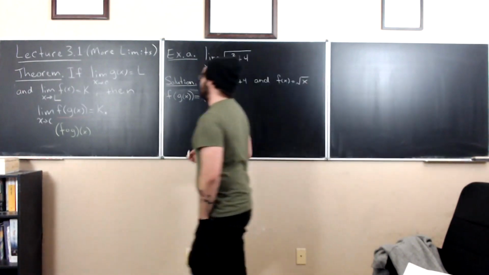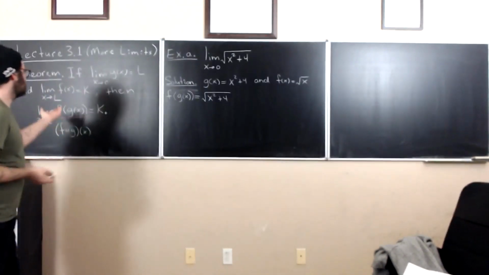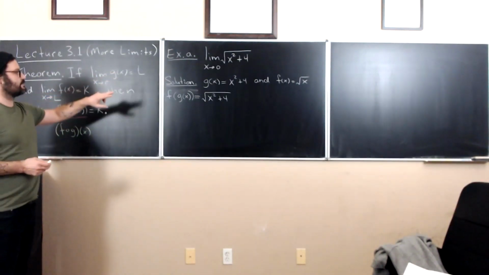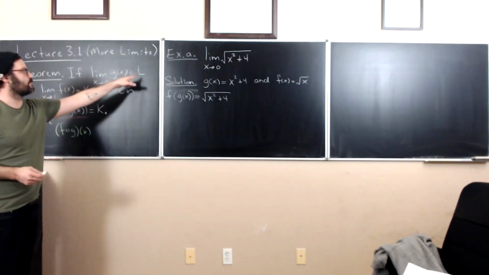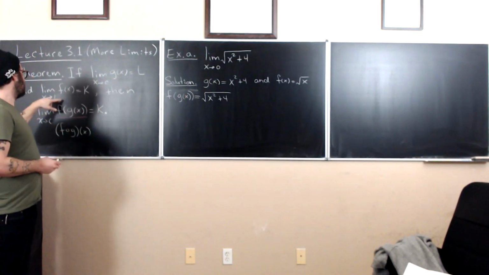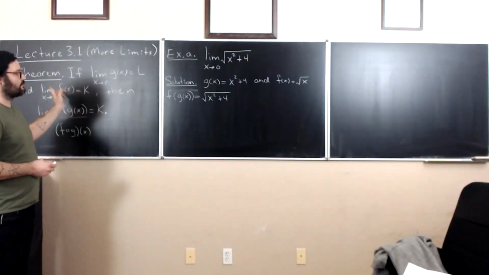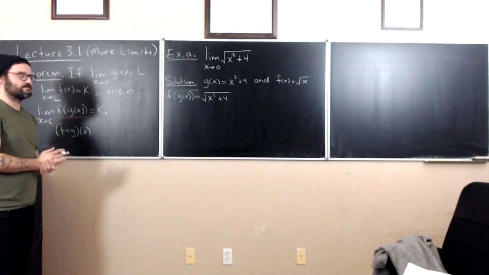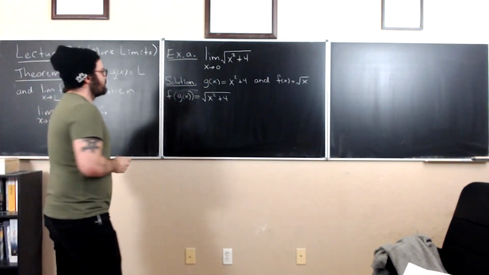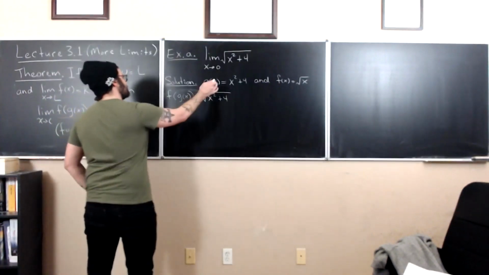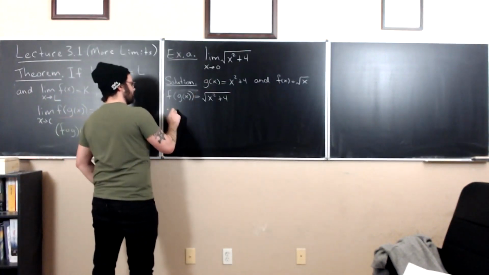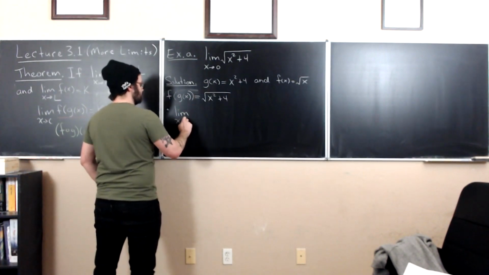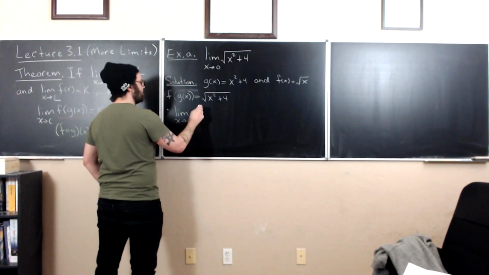By this limiting theorem, if g of x converges to some number L as x approaches c, and as x approaches L, f converges to some number k, then the composition will converge to k. So what's the limit as x approaches 0 of g of x?